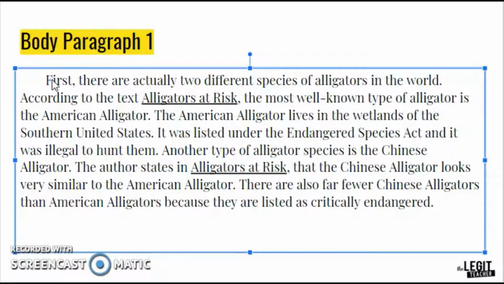So I've taught two things about the Chinese alligator.